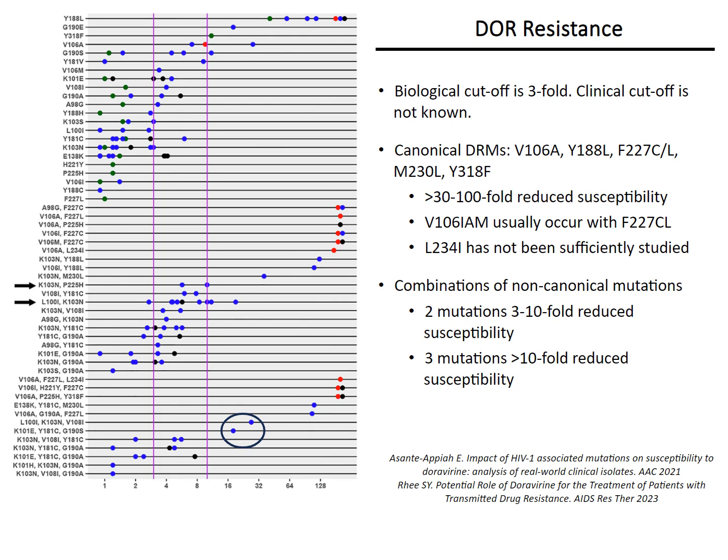The fact that most patients who develop virological failure while receiving Doravirine have high levels of resistance may suggest that Doravirine retains activity against viruses with lower levels of reduced susceptibility, such as those in the 3 to 10-fold range.